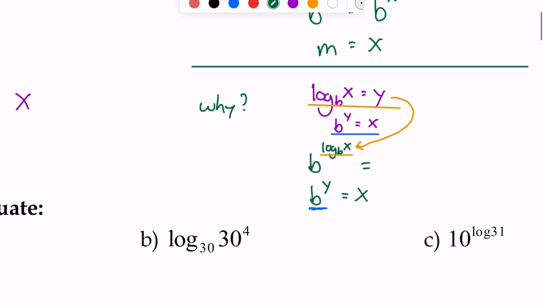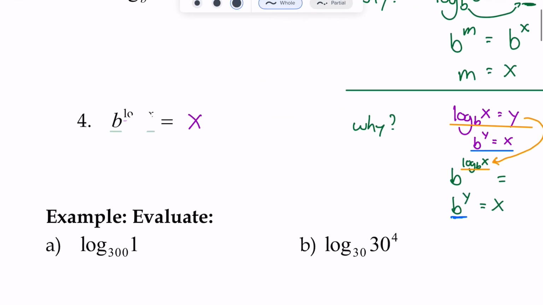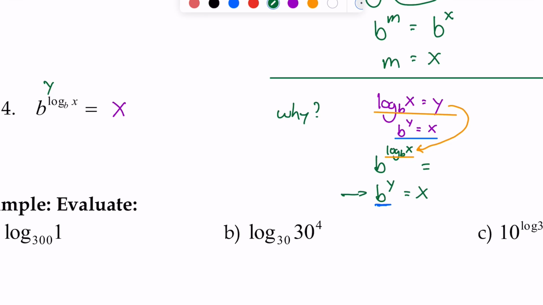So this exponent is going to spit out some number y. Essentially that b to the y, when you set it up, is equal to whatever is on the inside of the argument.